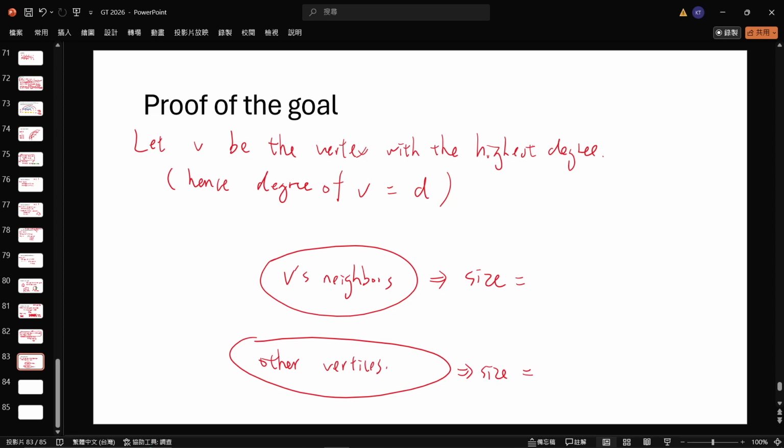Let me repeat. V is a vertex that has the highest degree, so it has the most neighbors, and the degree of V is D. In other words, V has D neighbors. So what is the size of this set? D.